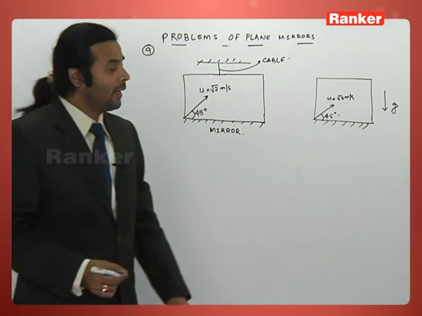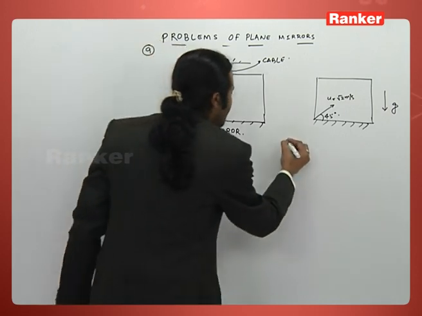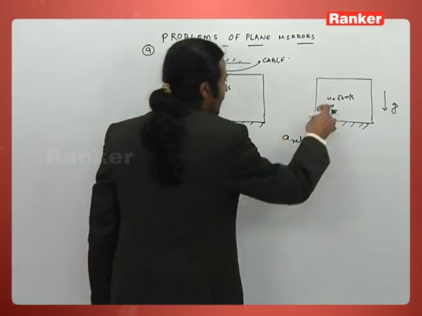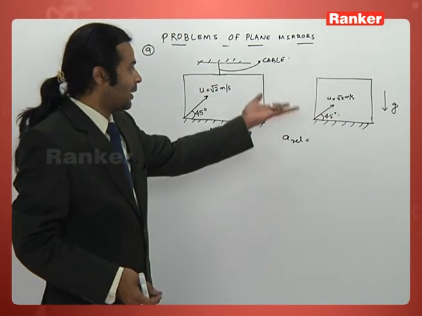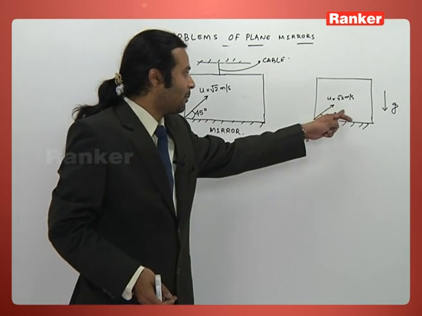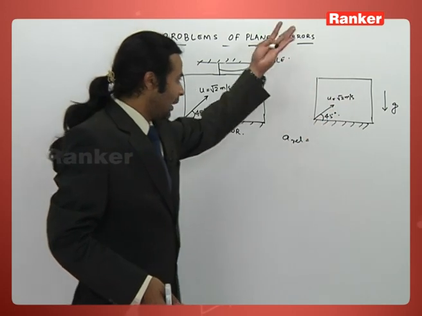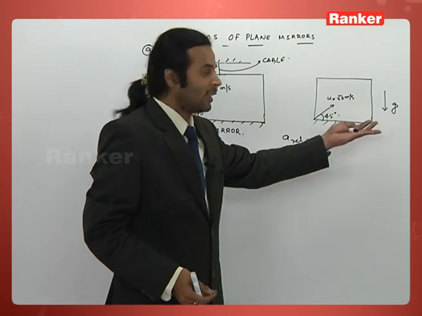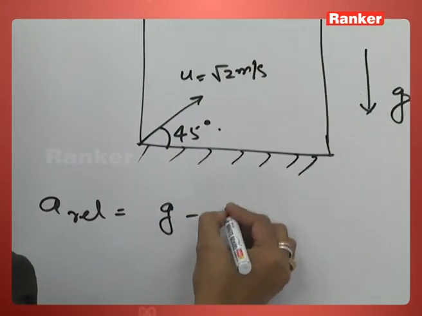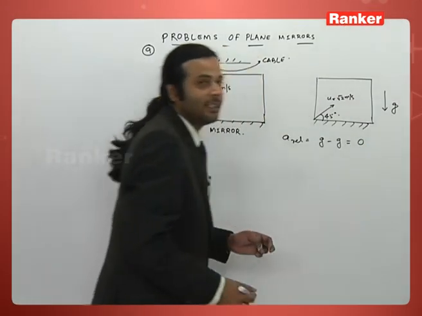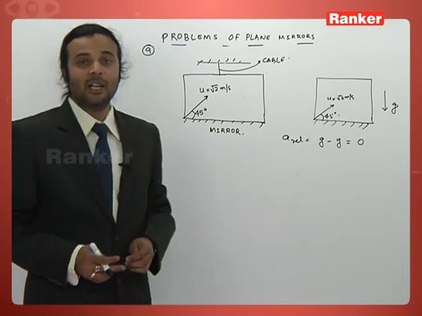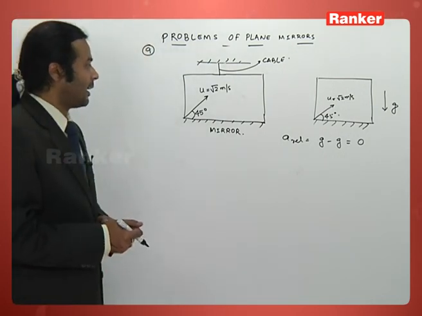Now let us calculate the relative acceleration. Here the particle is projected, the acceleration of the particle will be g, and the elevator is falling with an acceleration g. So the relative acceleration g minus g will always be 0, as they are in the same direction. That means there is no relative acceleration.